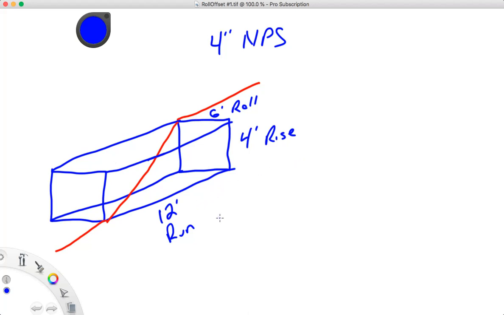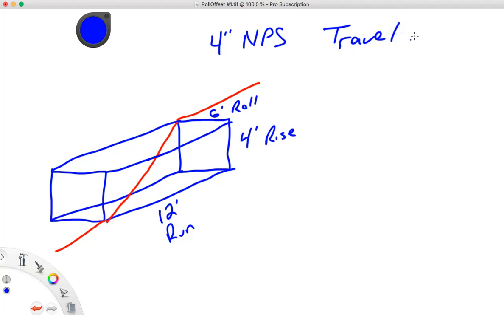I'm going to use this one here, and we're going to solve for the travel. We're going to solve the travel center to center. We're going to solve the end to end and the angle of our fittings. Okay, so first off, we're going to get our travel center to center.